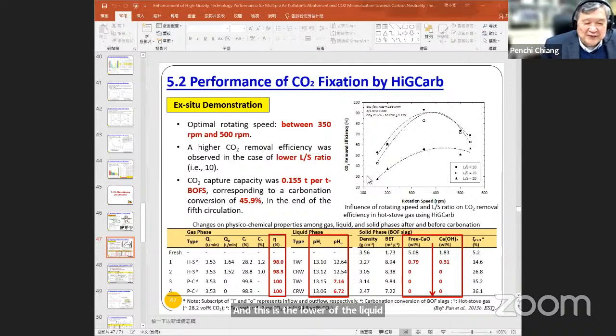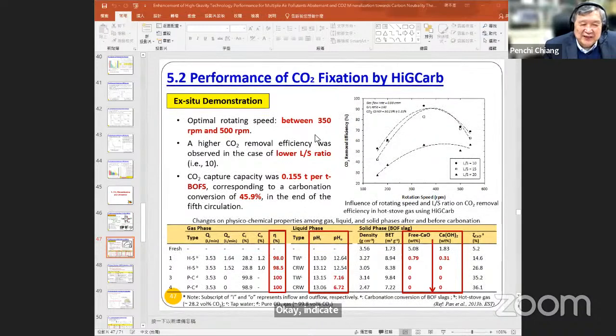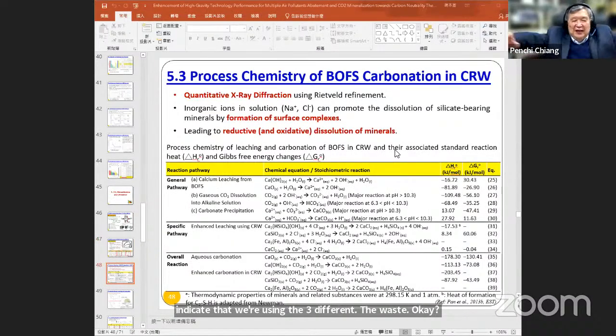Based on the study, if we utilize one ton of steel-making slag from the steel industries, we have the potential for a capture capacity of probably 0.155 tons. This is a very good demonstration, indicating that using three different wastes put together gives such a good performance. Then we have to go back to the theory.